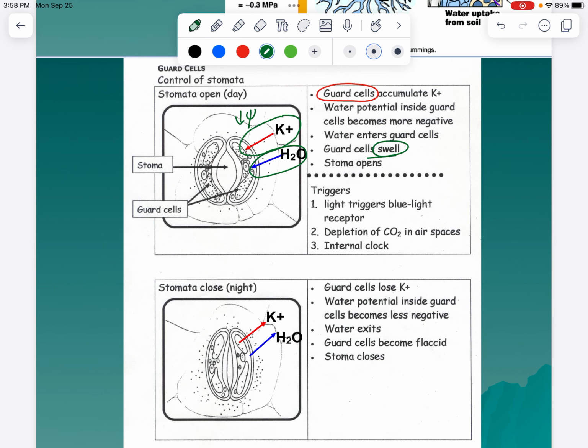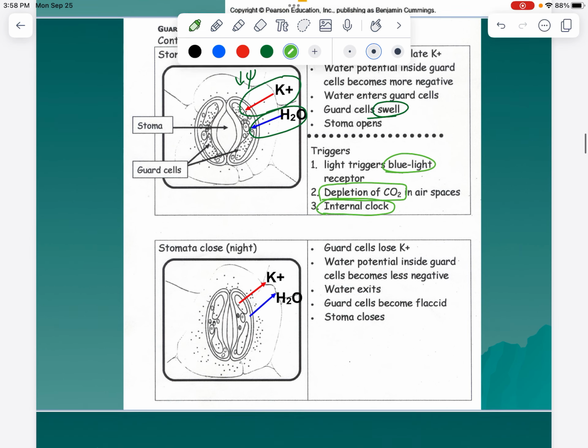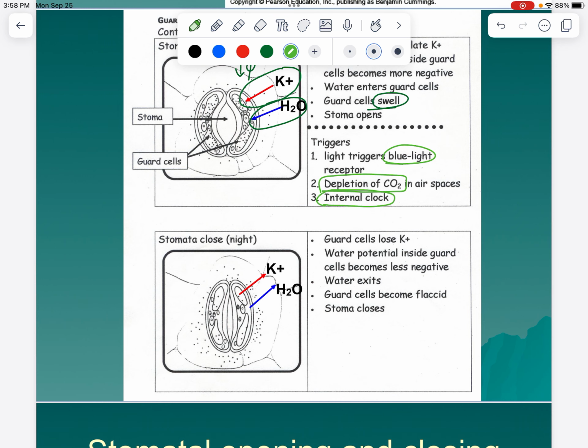It makes them swell, and that swelling causes the stomata to open. There are some specific environmental triggers that can cause this response: blue light, depletion or decrease in the CO2 level within the leaf space, and also just the natural circadian rhythm that's found in plants. So most plants open their stomata during the day and they close their stomata during the night.